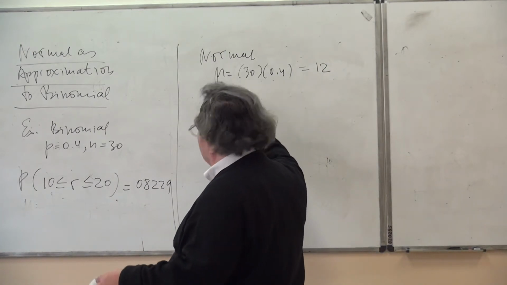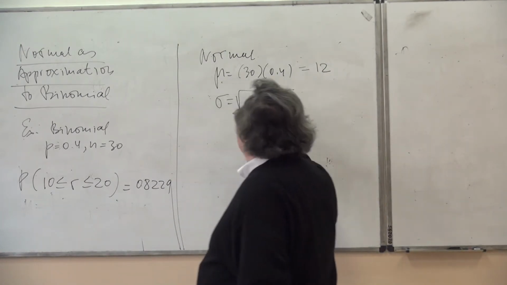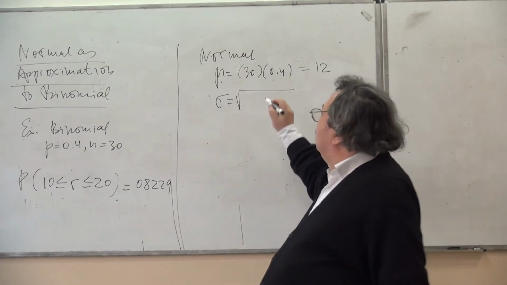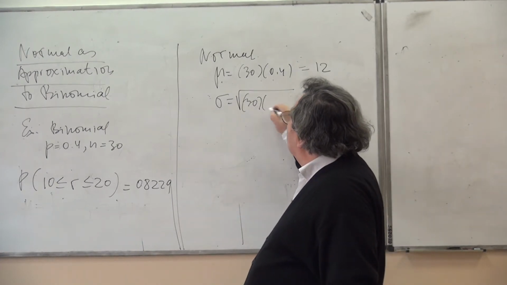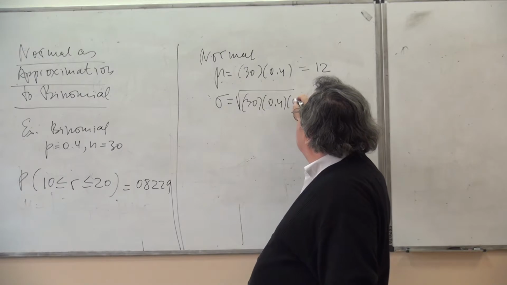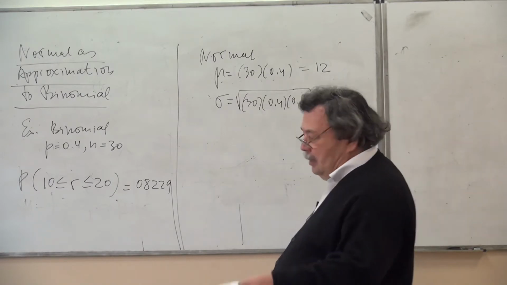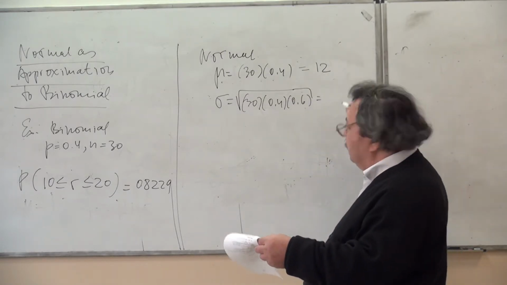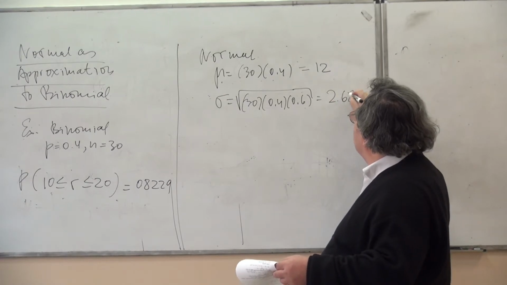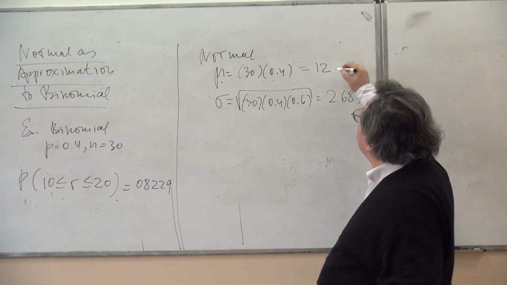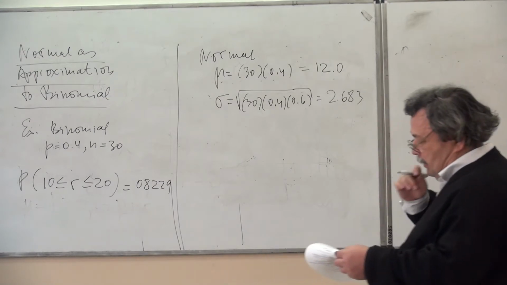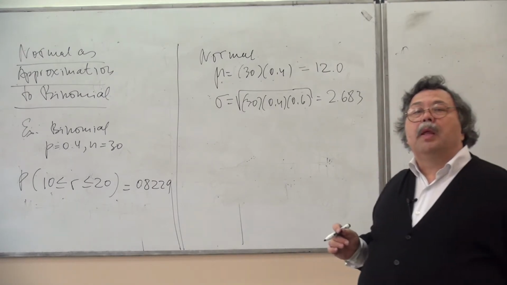And sigma is the square root of n times p times q, that is 30, 0.4 and 0.6, and the value of this is 2.683, okay, like this.